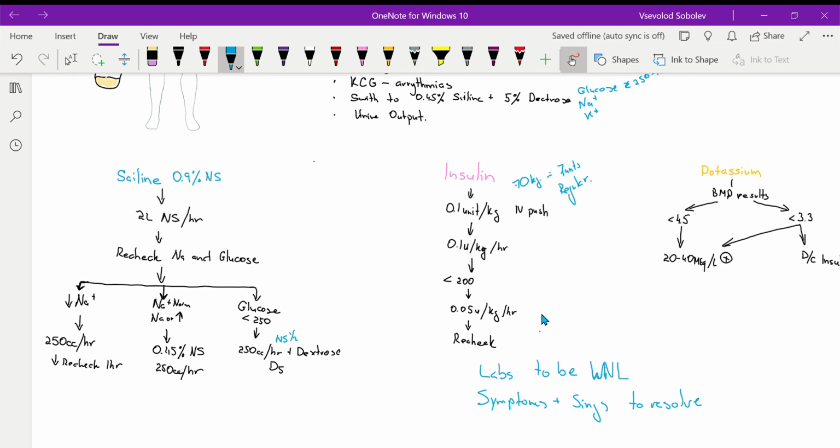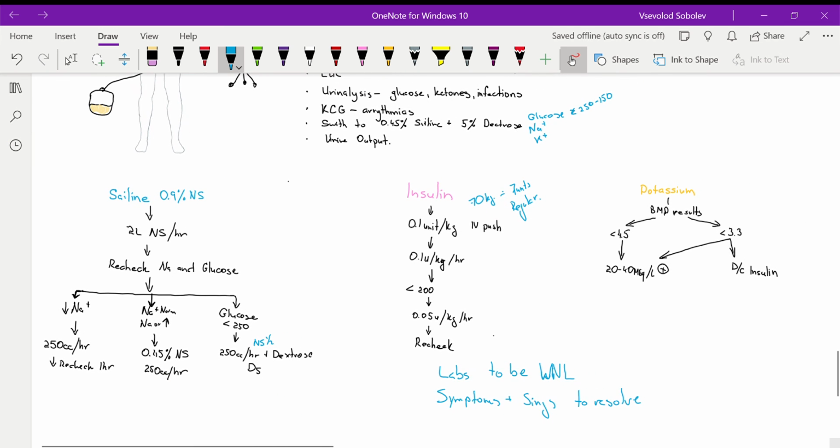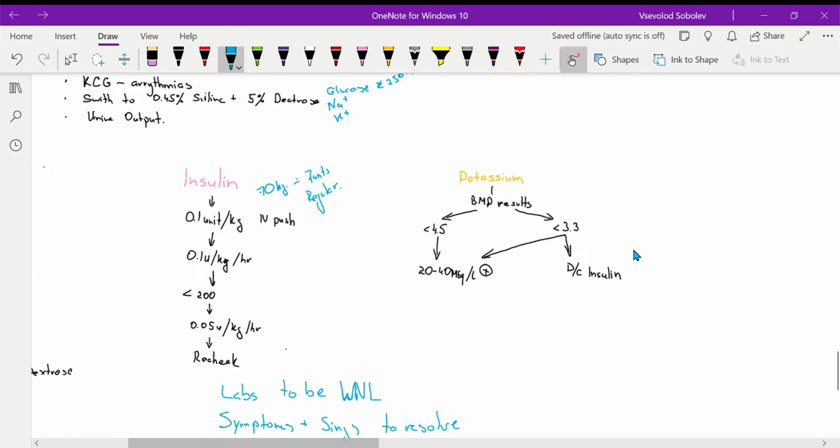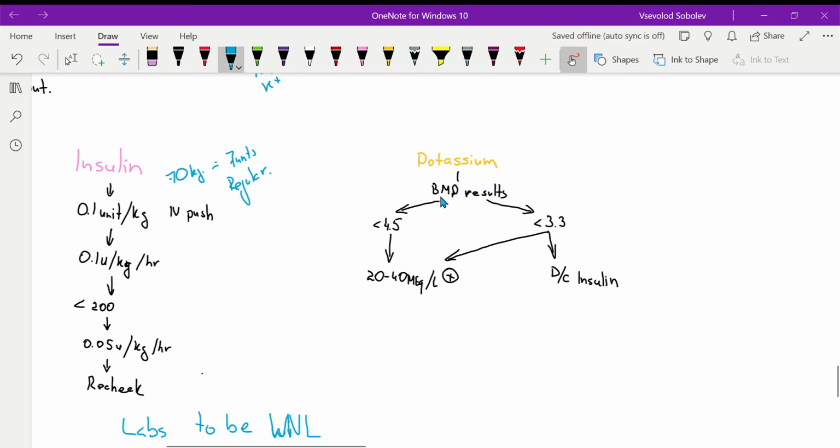Also potassium, the one that leads to arrhythmias and ileus. So what about that? We'll check their BMP results. If their potassium is below 4.5 milliequivalents per liter, we will add some potassium to their infusions, and it's going to be 20 to 40 milliequivalents per liter.